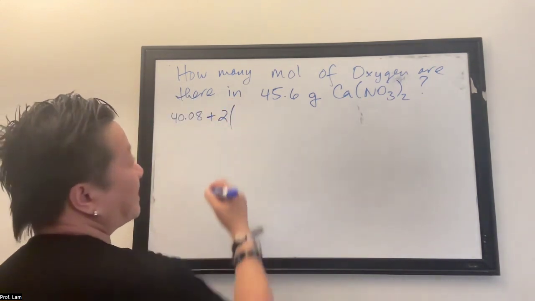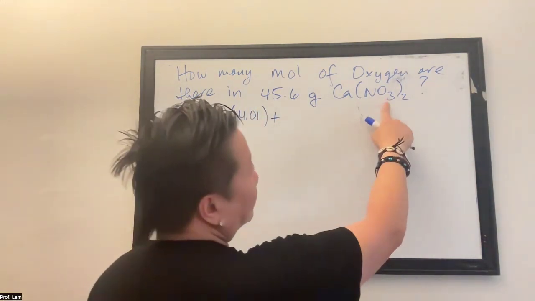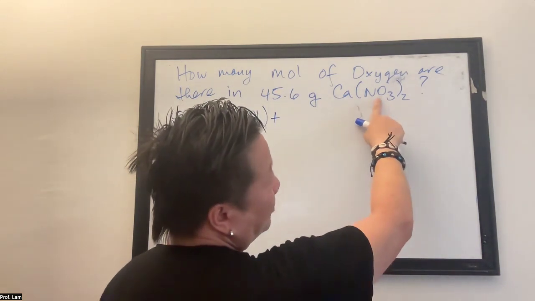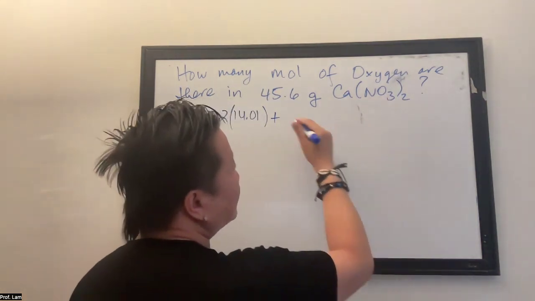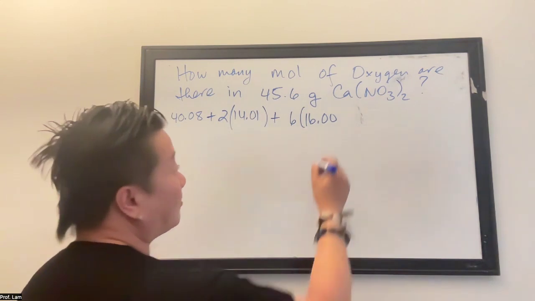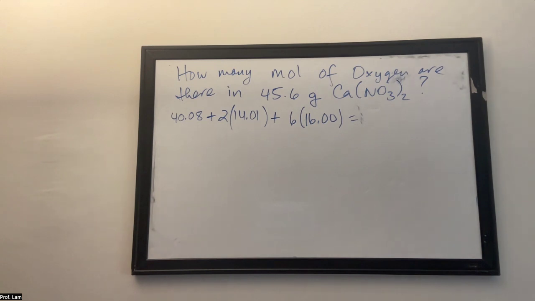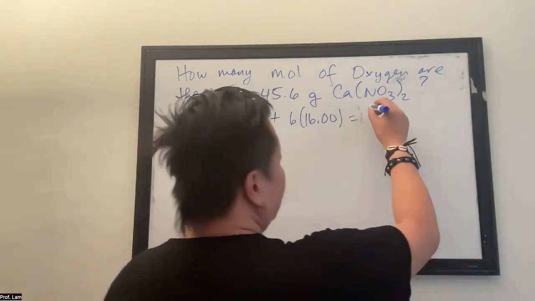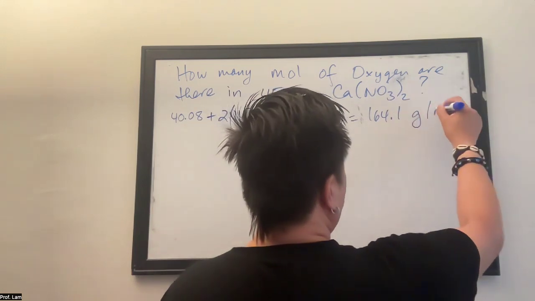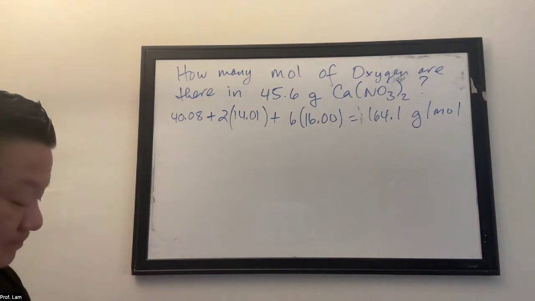So 2 times nitrogen's molar mass, 14.01, plus 3 oxygens per nitrate, but you have two nitrates. So 2 times 3 is 6. That's 6 oxygens total, and oxygen's molar mass is 16.00. Let's sum that up: 164.1 grams per mole. Everybody should be getting that.